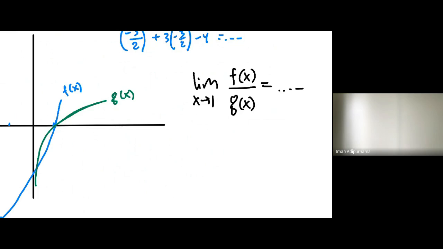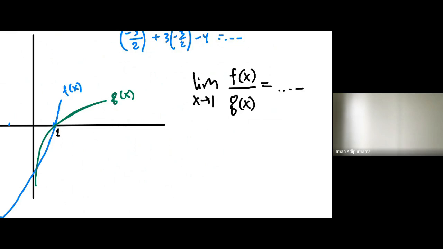Let me draw 1 here. So 1 is here. We can imagine we approach 1 from the left, and we approach 1 from the right. Now I draw f and g separately, and we can observe f and g separately.